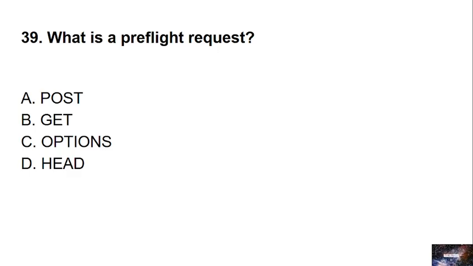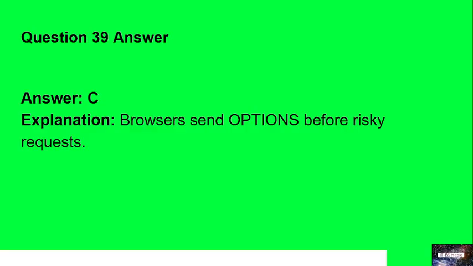Okay? 39. What is a pre-flight request? Post, get, options, head. The answer is C. Browser sends options before risky requests.